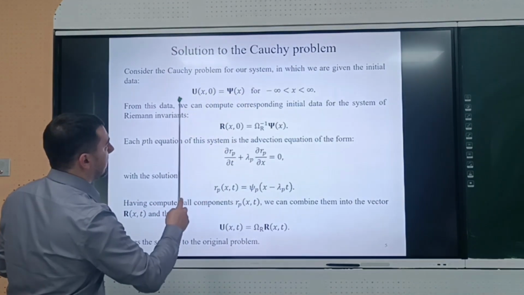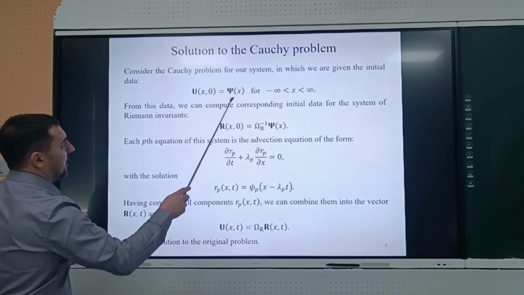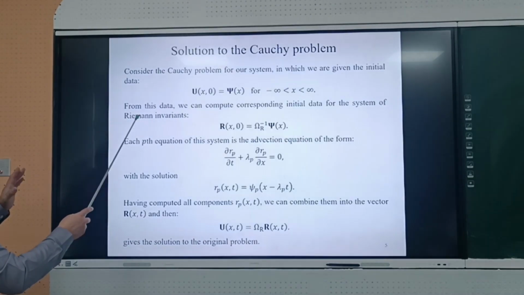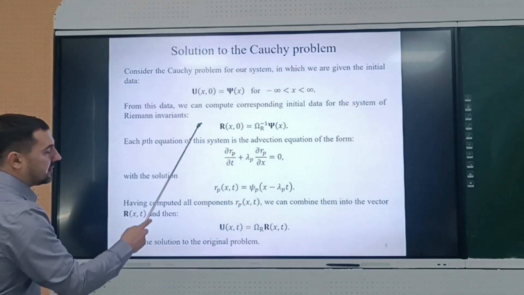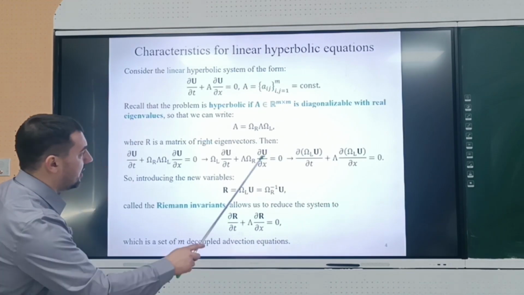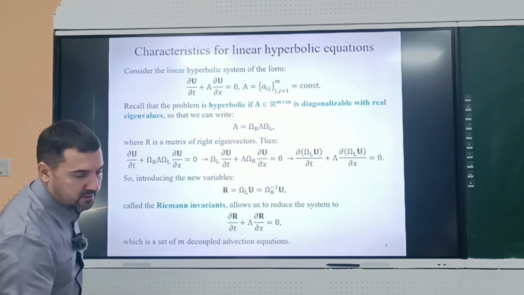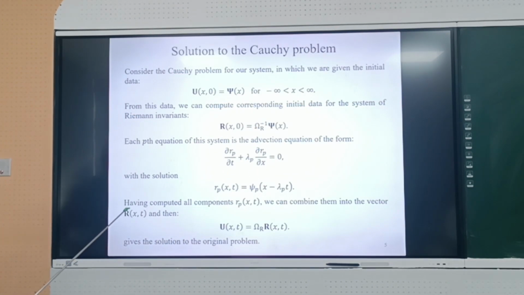Now we have some initial data, the vector ψ(x), and from this data we can compute the corresponding initial data for the Riemann invariants, because there is the relationship between R and U.